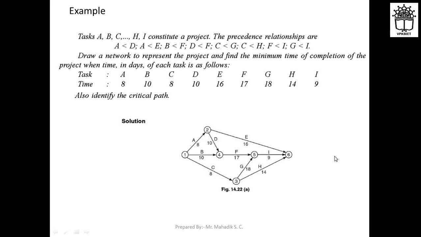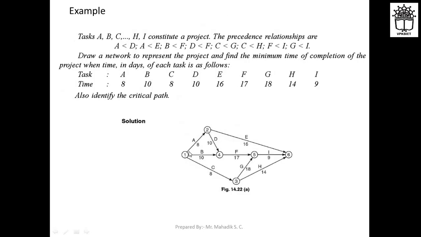Again you can see your starting activity is 1 and the ending activity is 6, right? So you can complete this project in different ways, like A, E, or A, D, F, I, or B, F, I, or C, G, I, or C, H directly. Out of these you have to find the critical activities again, right?